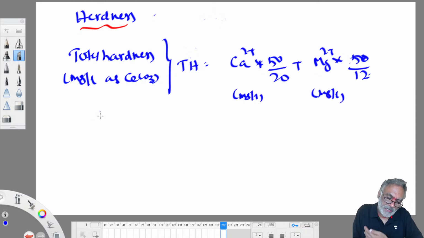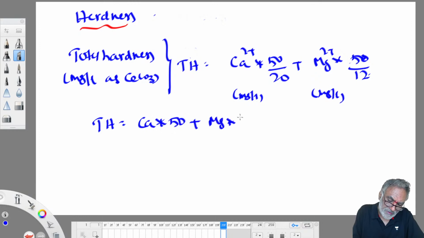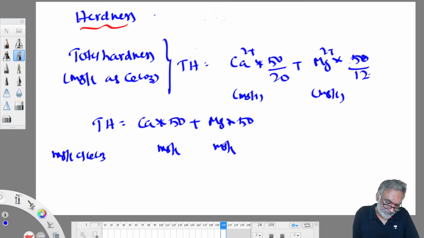If the concentration is given in milli equivalents per liter, total hardness is equal to calcium into 50 plus magnesium into 50. So also milligram per liter as CaCO3 you will get. Okay?